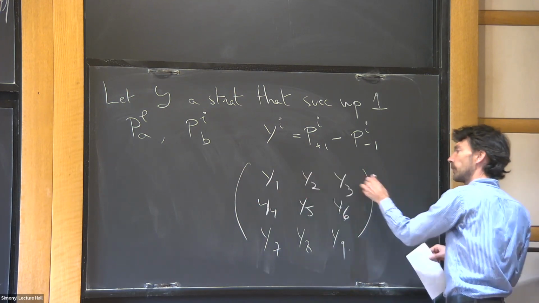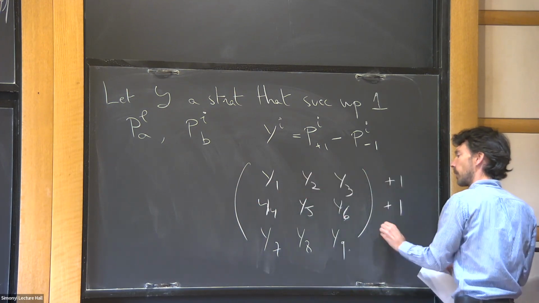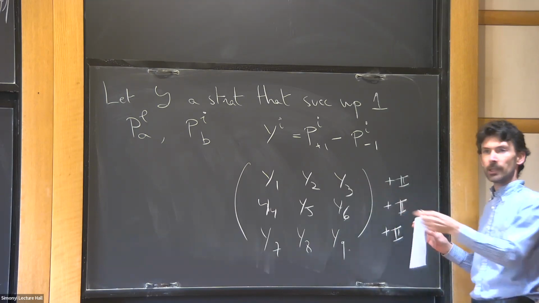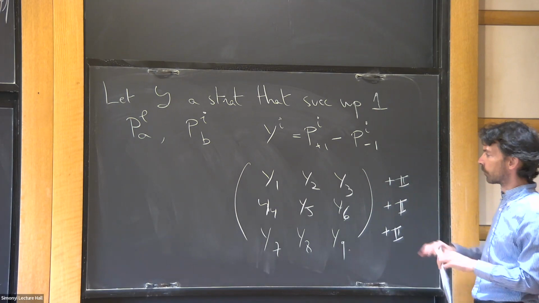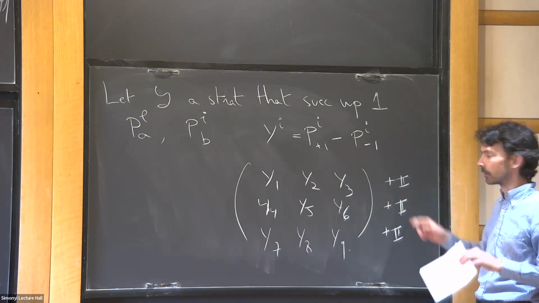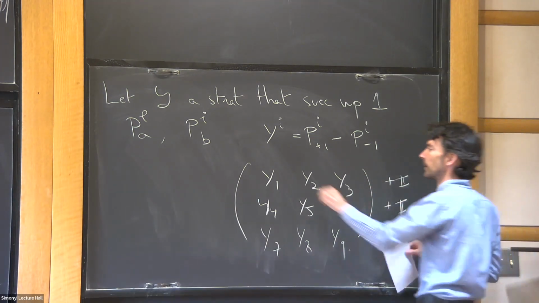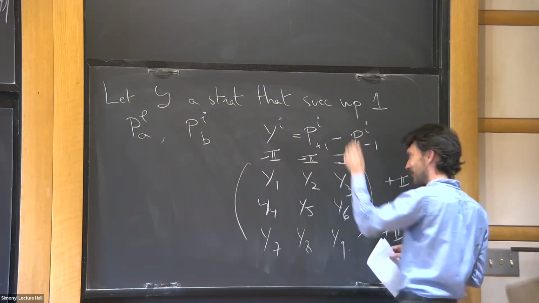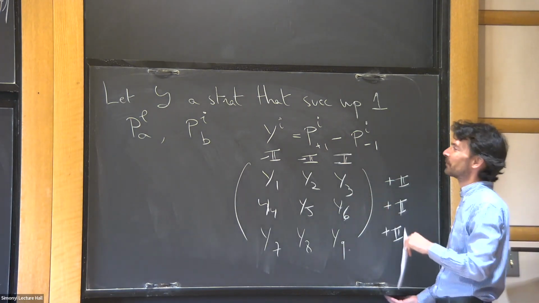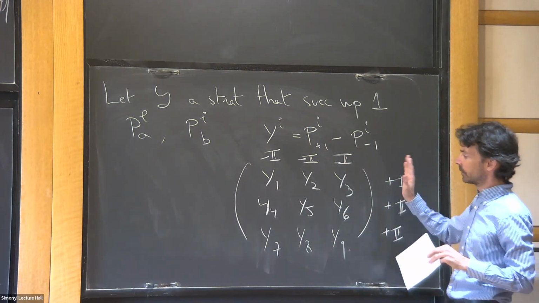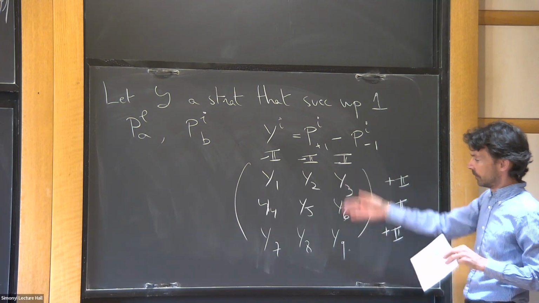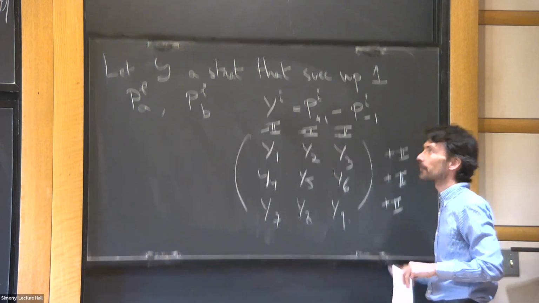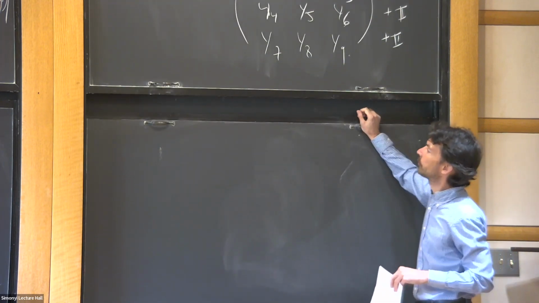So if I take the product of these 3, I should get +1, where +1 is plus identity. But now this strategy can be in any dimension, right? I dropped the original one. The dimension could be, as far as I know, like 9 or 101 or whatever. In fact, it can't, but we'll see why. But so far, it could. So from any strategy that succeeds with probability 1, I can extract 9 Hermitian matrices squaring to identity that satisfy these product relations. That's the first step in the proof.